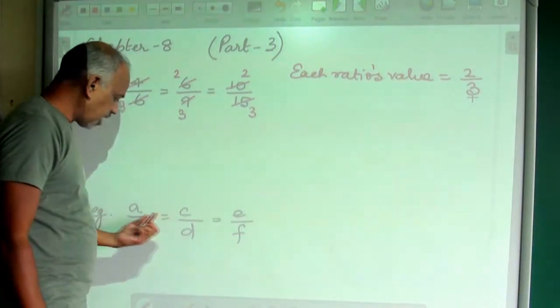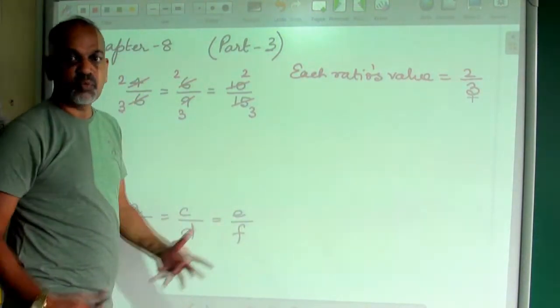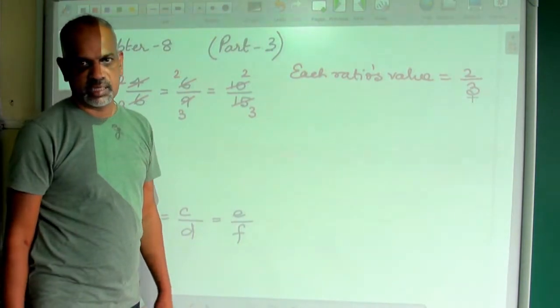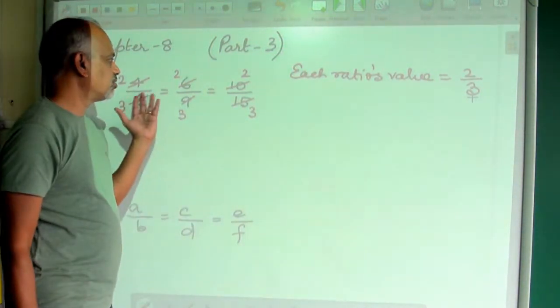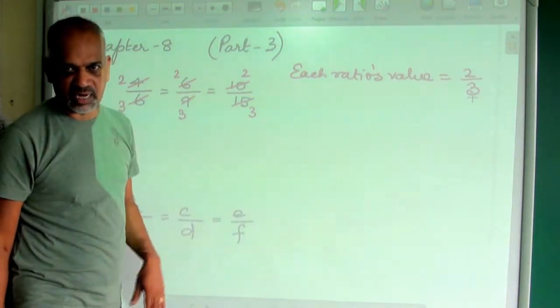But if these are not in the simplest form, then what is each ratio's value? Because these are not numbers, it's not so easy to find each ratio's value like this.